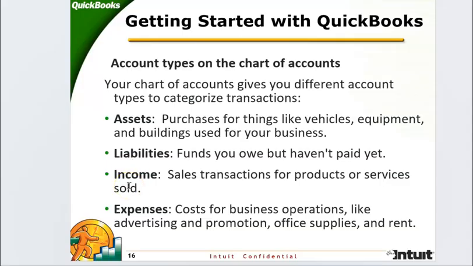Income is sales transactions for products and services sold. And then expenses are the costs for business operations like advertising, promotion, office supplies, etc. So you need to understand how the chart of accounts actually works for your specific company. We will discuss this in detail as we set that up for your mock business.